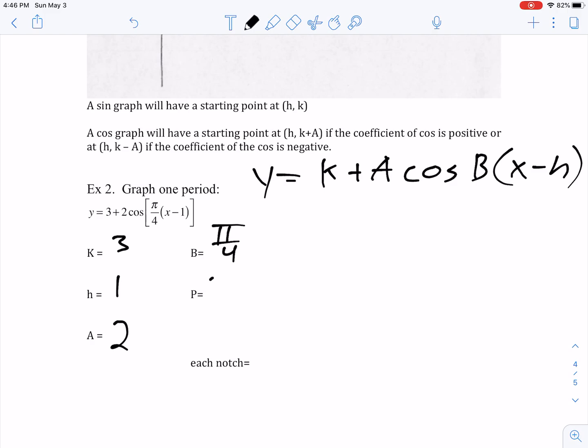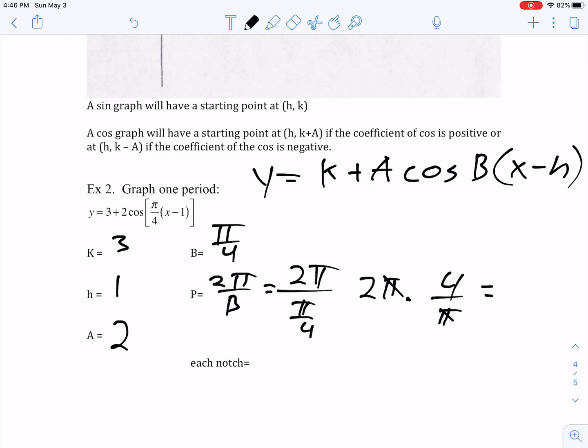Okay, our period is 2 pi over b. So that's 2 pi over pi over 4. Now watch what will happen. That's the same as 2 pi times 4 over pi, right? Multiply by the reciprocal. Cancel, cancel. That equals 8. 2 times 4.